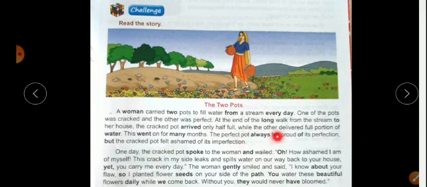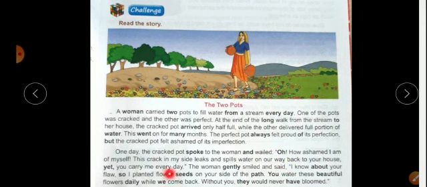The perfect pot always felt proud of its perfection, but the cracked pot felt ashamed of its imperfection. One day the cracked pot spoke to the woman and wailed, "Oh, how ashamed I am of myself. This crack in my side leaks and spills water on our way back to your house.